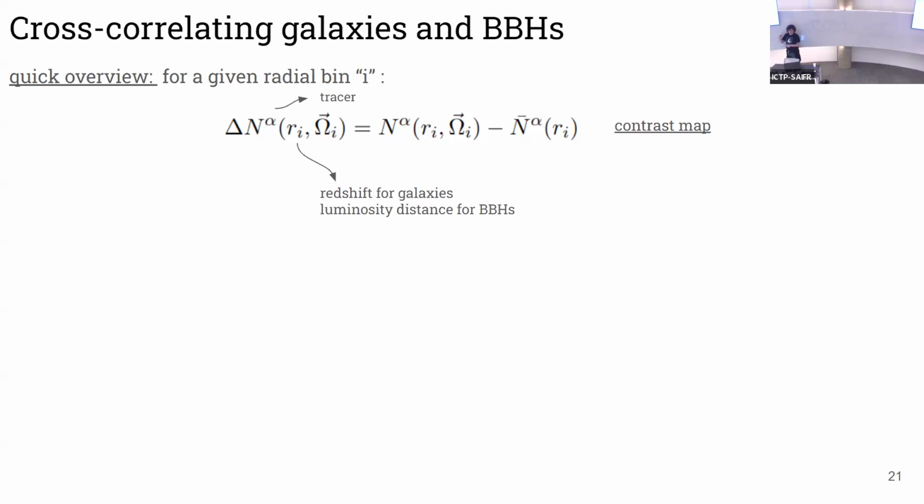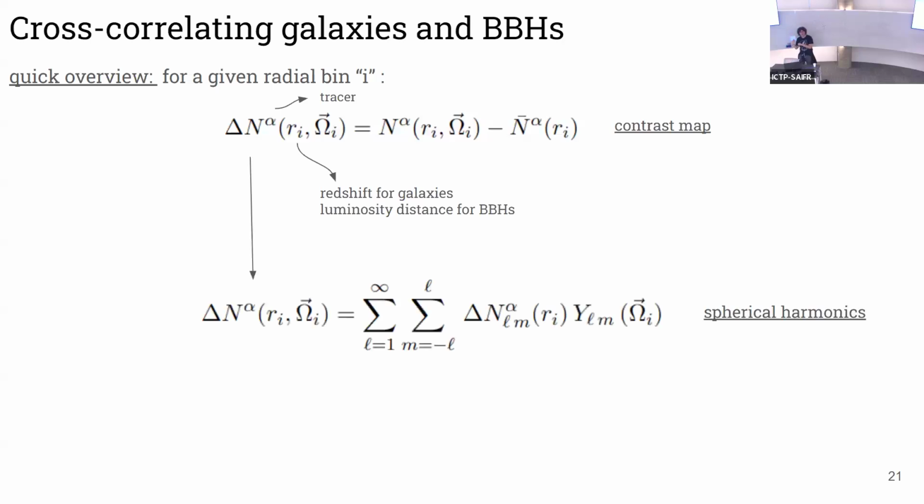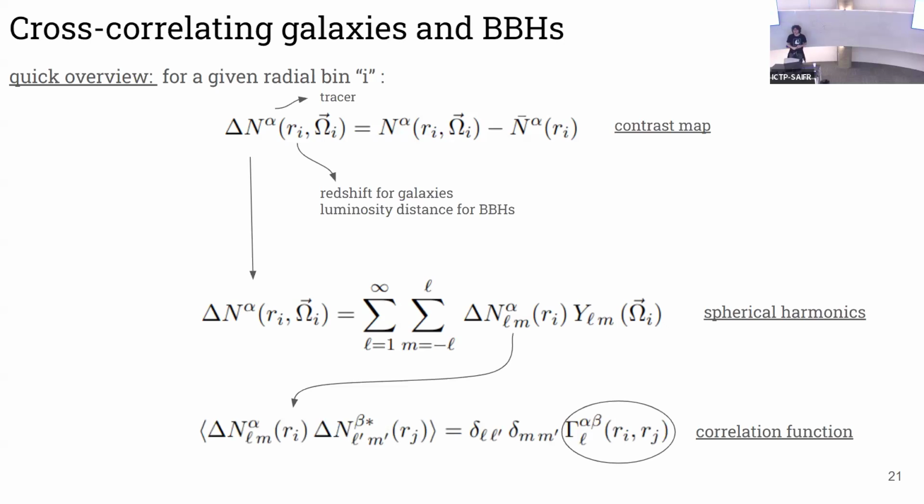So now to cross-correlate, you must build what we call the contrast map, which is just the count map minus the average count map per radial bin. And then with this, we make a decomposition in spherical harmonics, basically. And what we actually use to do the cross-correlation will be the harmonic coefficients. So this is how we get the correlation function between a tracer alpha and beta.